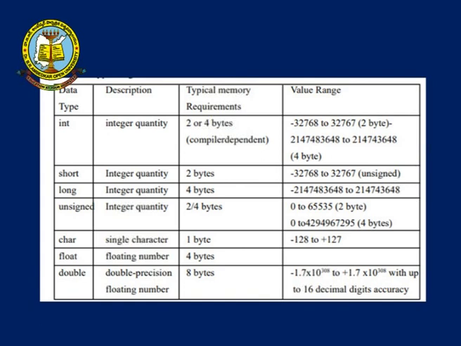Suppose you want to declare a very small integer value, another category of integer data type is short. Short can store only 2 bytes of data, that is, only 16 bits of data can be accommodated in a short variable.